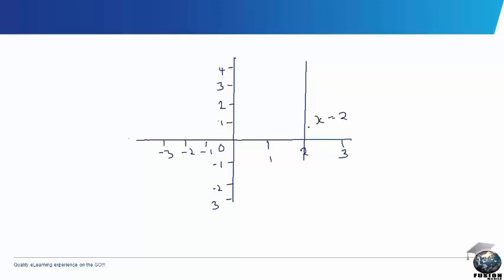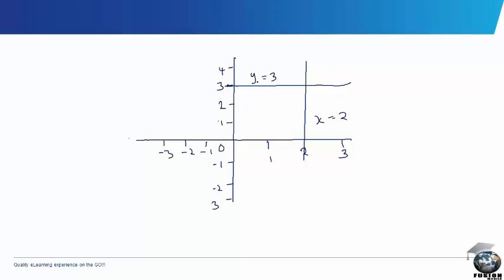Then we have a line at y equal to 3 parallel to the x-axis. We have a line at this point parallel to the x-axis. So this line is at the point y is equal to 3.